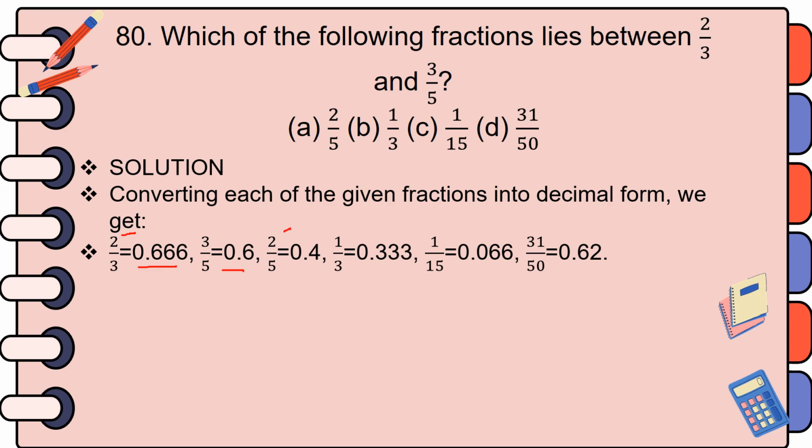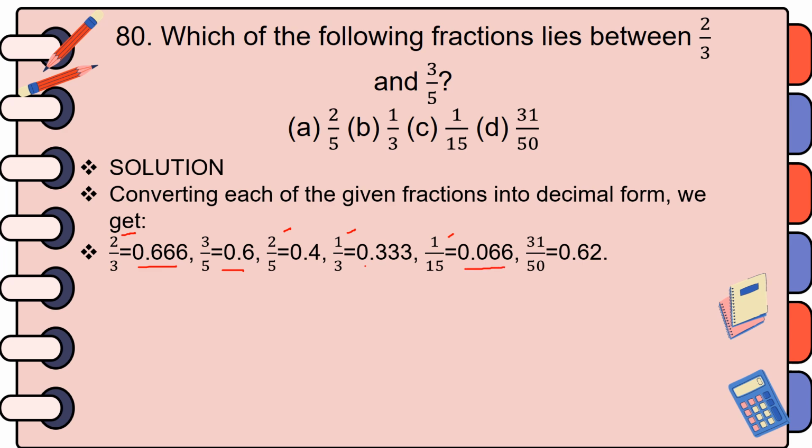2 over 5 means 0.4, and it is not in between the two fractions, 2 over 3 and 3 over 5. Again, 1 over 3 is equal to 0.333. It is again not in between the two fractions. Again, 1 over 15 is equal to 0.066.